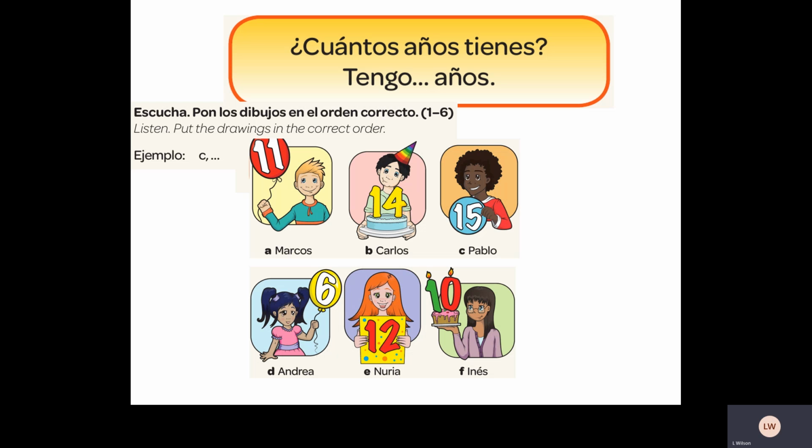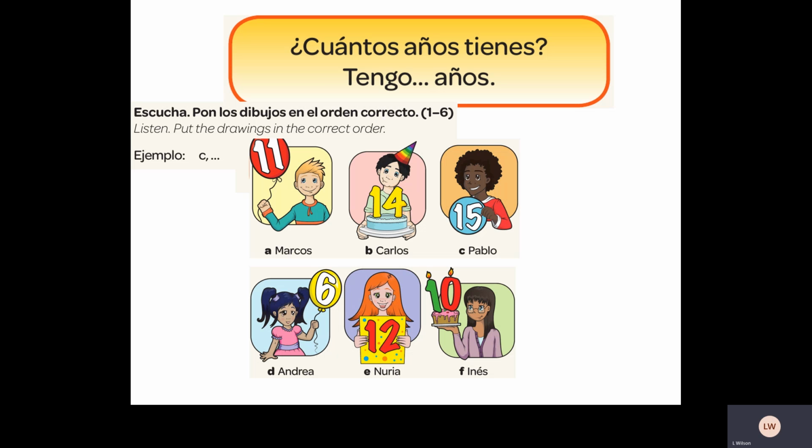Okay, vamos a escuchar otra vez. We're going to do some listening again. This time we're going to listen to the ages of 6 people. So I'd like you to write 1 to 6 on your sheet of paper. Now you're going to listen to somebody asking someone their age and they're going to reply.